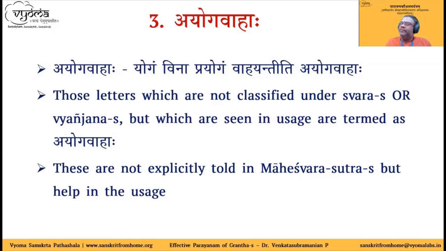They help in the usage. Visarga and Anuswara, Jihvamuliya, Upadmaniya, they help in pronunciation and usage. So they are called Ayoga Vahaha. Yogam Vina Prayogam Vahayanti: those which are not classified but are used in usage.